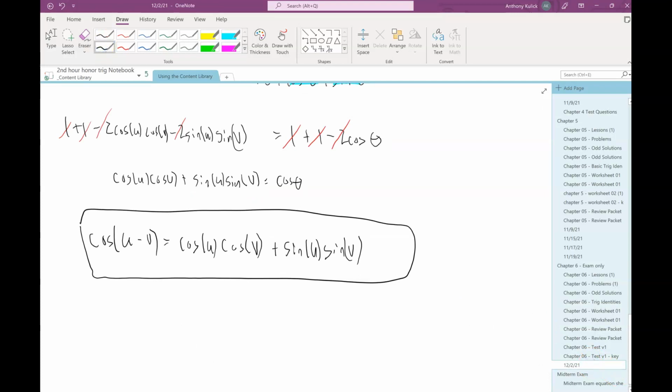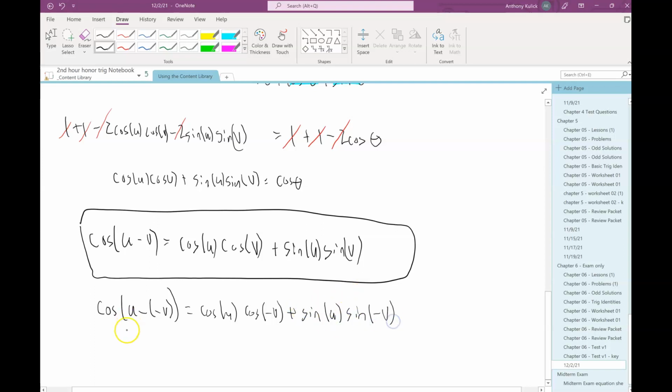So to change this then to addition, well, I'm just going to use a negative value for v. And fill it in. Now, minus a negative just makes it positive.